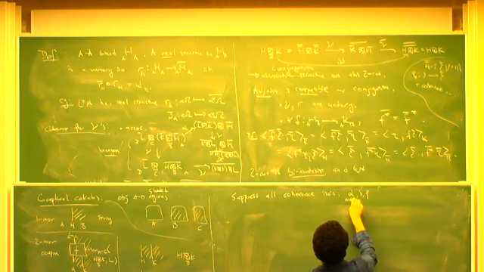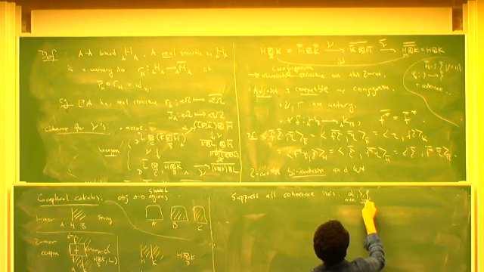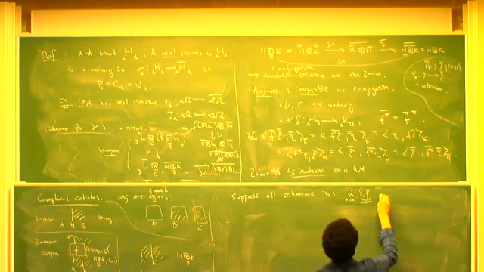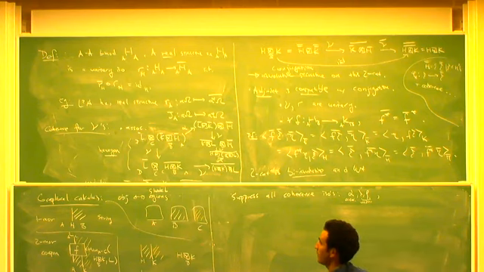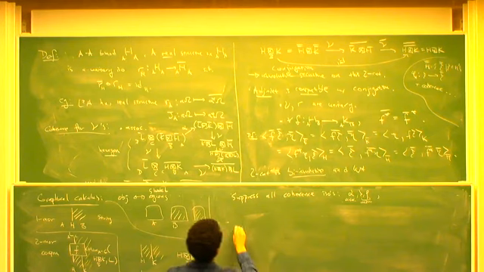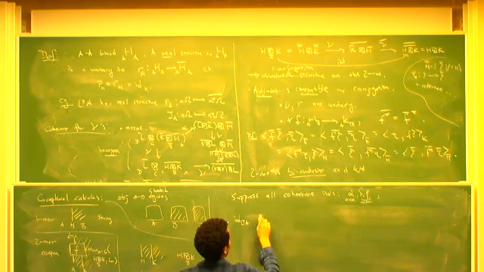This is the associator. These are the unitors. We suppress these.